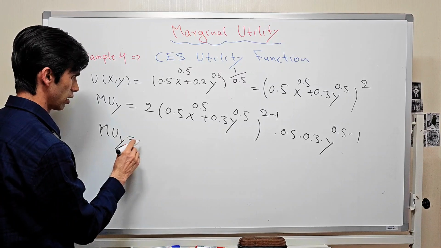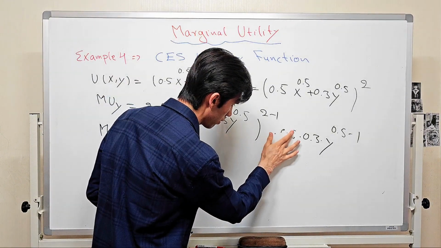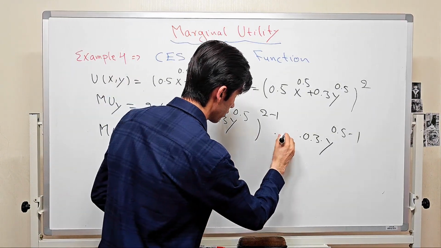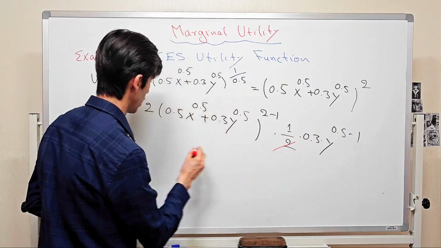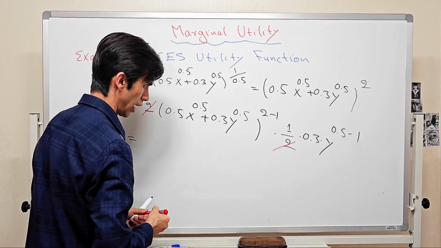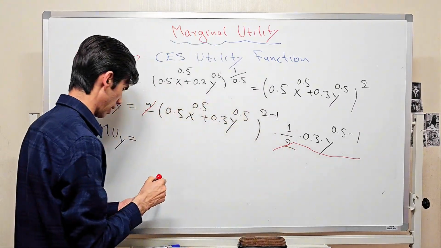Instead of this 0.5, we can write 1 divided by 2. Then this 2 will cancel out with this 2.